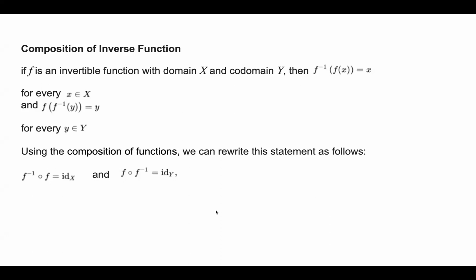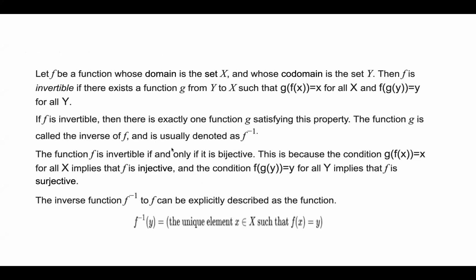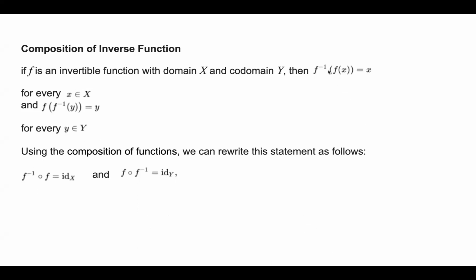Why is it so? Because we have just seen that if f of x is equal to y, then f inverse of y is x. So f inverse of f of x is equal to x, because f inverse is the inverse of this function only.